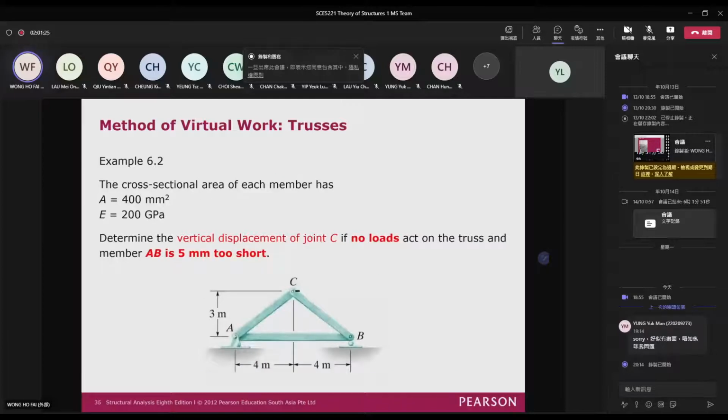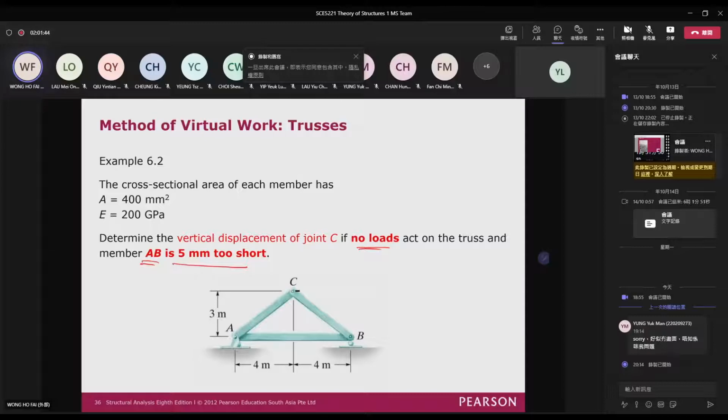So this is the second example that you can take a look at. Imagine this truss, and there are no loads applied on the truss. But now we assume that the member AB is 5 mm too short.